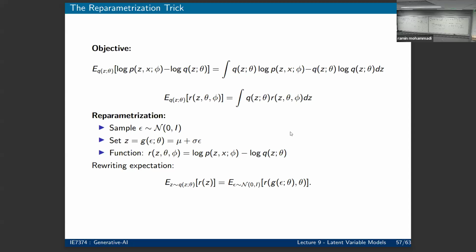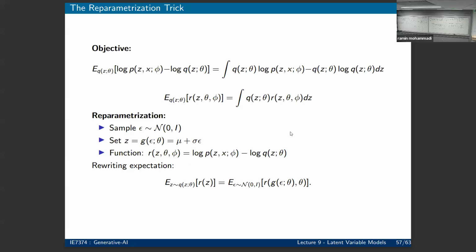Technically, as part of reparameterization, you sample some noise, then you calculate Z as the following equation, and we can show that as G. So if you see G, epsilon, and theta, this means this equation. It's just a terminology. And then this is R, which is that one.